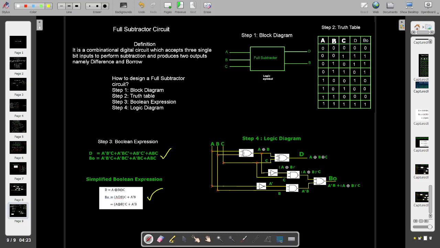Then for the simplified expression, the logic diagram is done. And for this basic Boolean expression also you can draw the logic diagram using the basic gates. That can also be done, right? And also this full subtractor circuit can be constructed using 2 half subtractors that we can see in the next video. Okay, thank you so much.